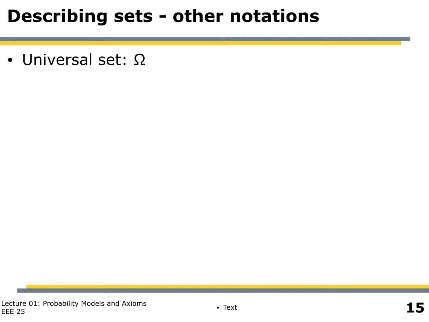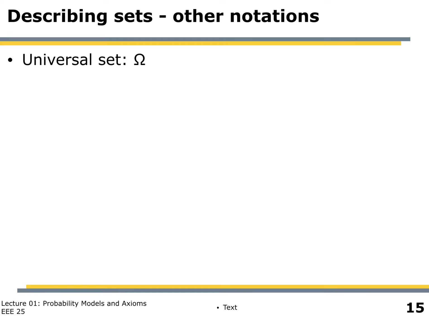So what are other notations that are commonly used when describing sets? Usually we are only interested in a certain set of outcomes, and we want to define a set that contains all the possible outcomes of interest. Then we are referring to a universal set.